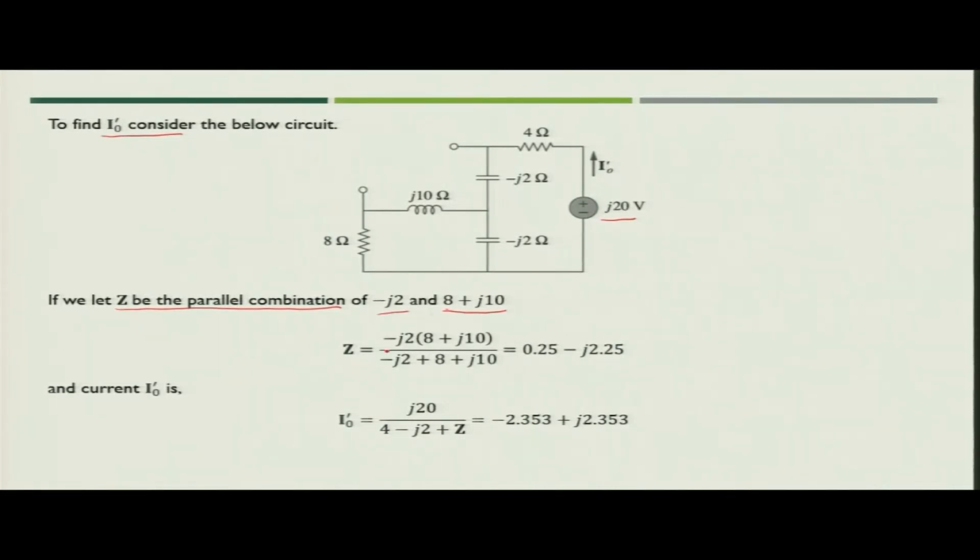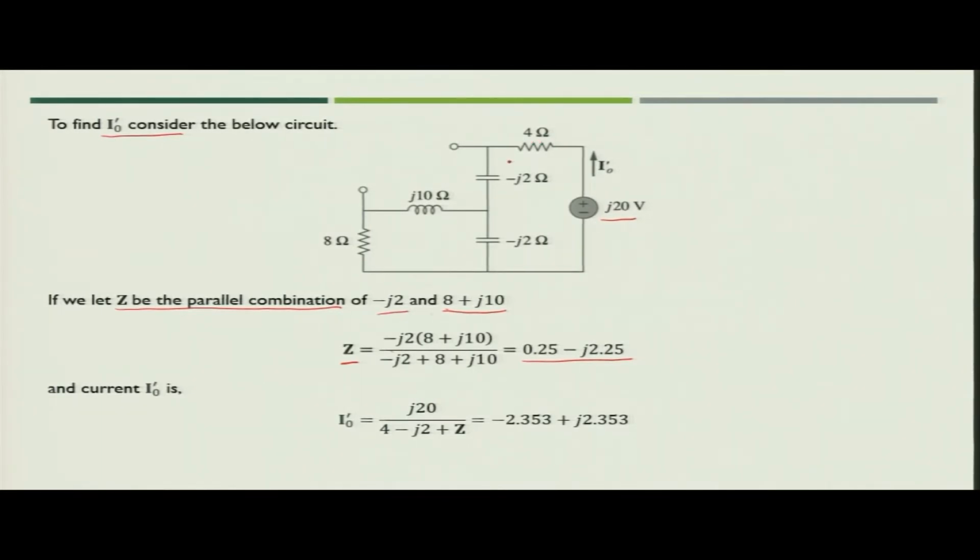When you solve it, the Z value is minus j2 into (8 plus j10) divided by (minus j2 plus 8 plus j10). When you simplify, you will get the impedance offered by this particular section as 0.25 minus j2.5.